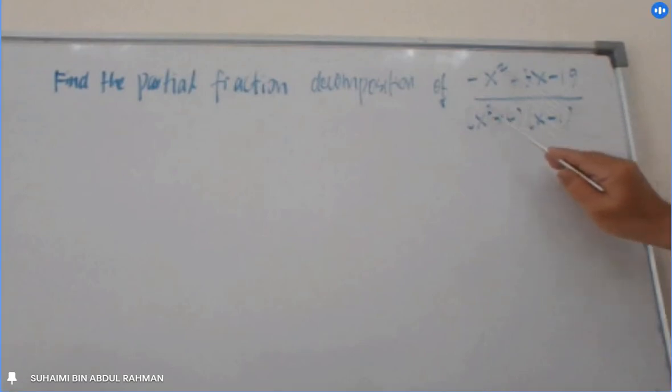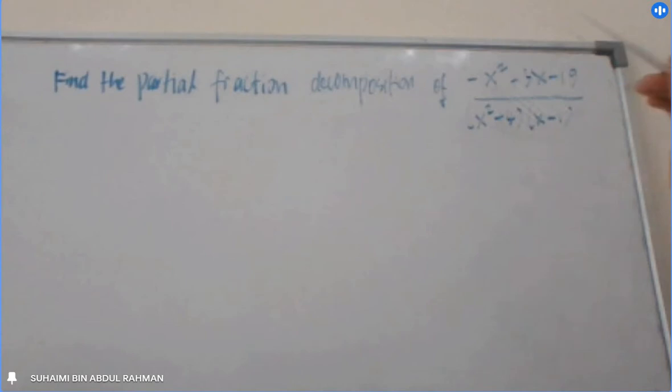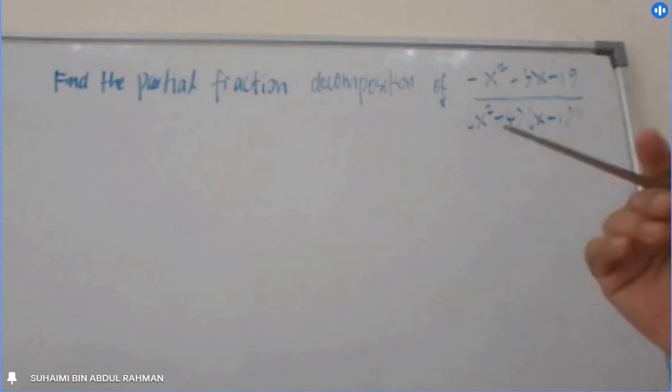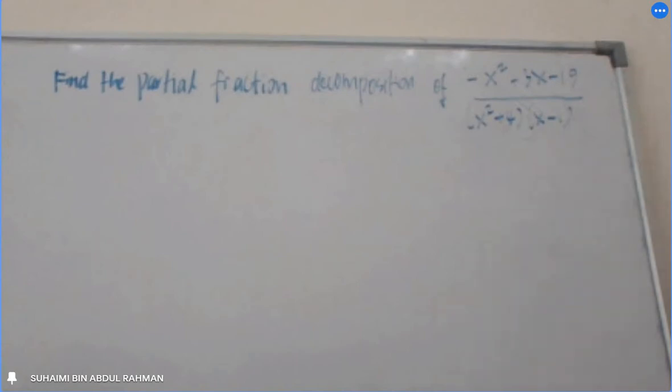Here in the denominator we still have x minus 1, meaning that the power of x is what? 3. Remember the index. So the power of x is 3 in our denominator. In the numerator, the power of x is 2. Therefore, this is proper.